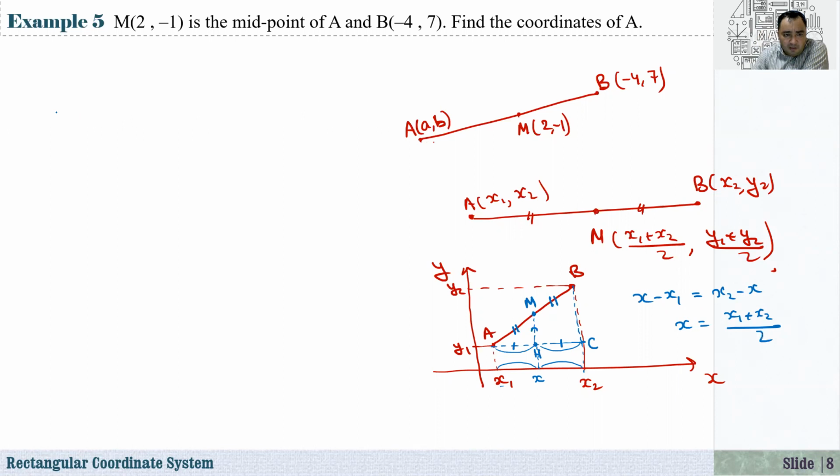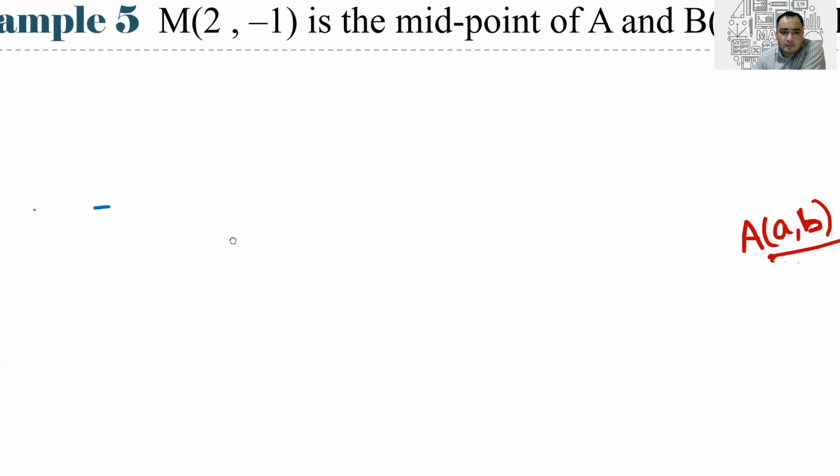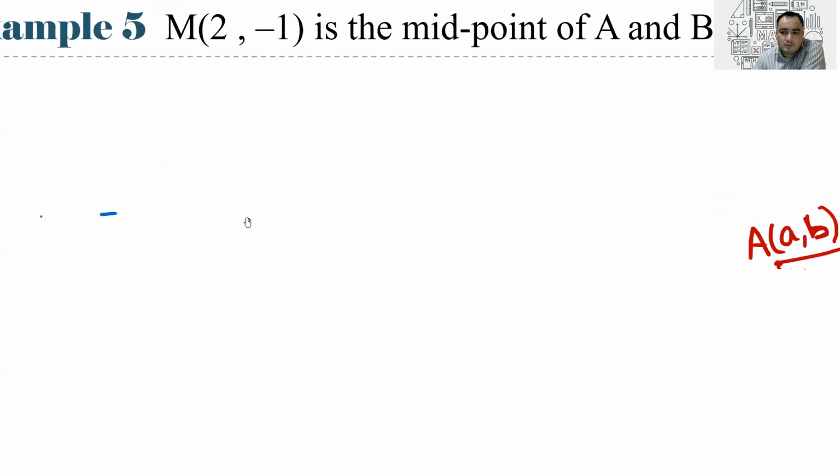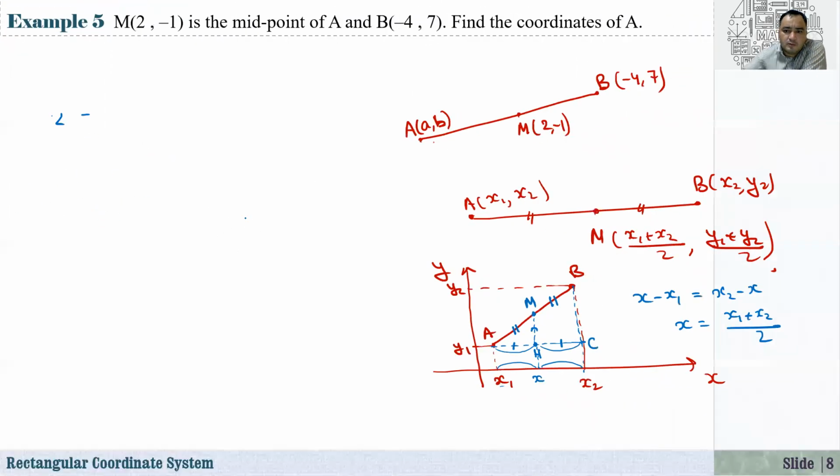Then for the M coordinates, x is equal to, as M is given here, 2. So 2 is equal to (a plus negative 4) over 2.